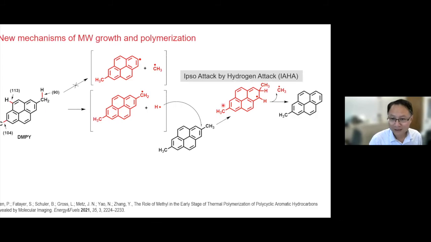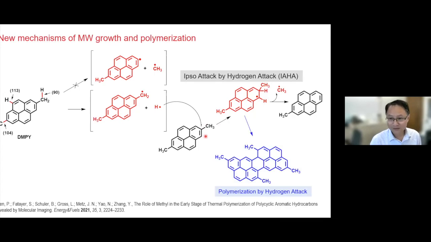And this is from a liquid-phase study. People generally believe that the methyl transfer is because of an ipso attack by a hydrogen atom. So the hydrogen attacks the ipso position and the methyl transfers. But exactly how the coupled reaction is formed? We propose that a pi radical is formed and couples with another structure to generate these six-member rings.